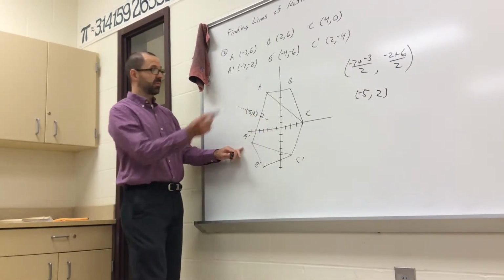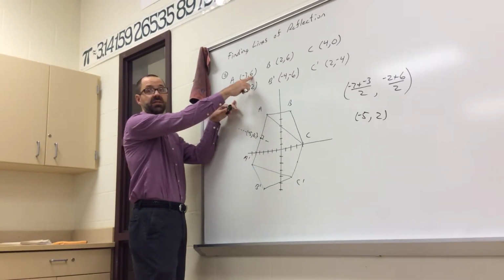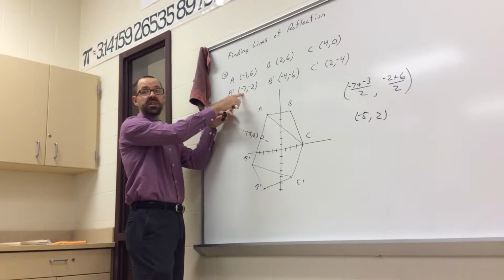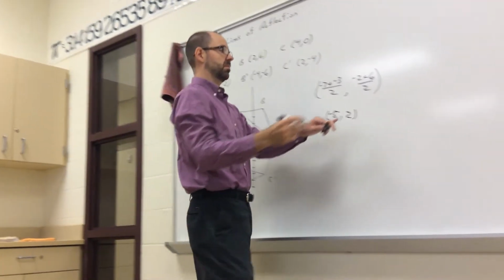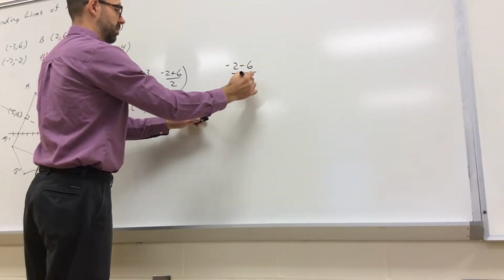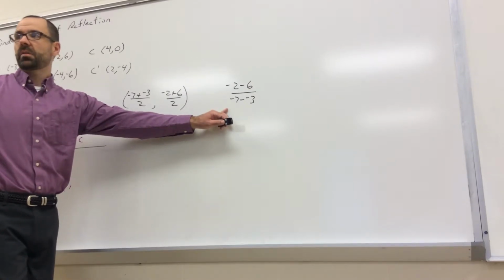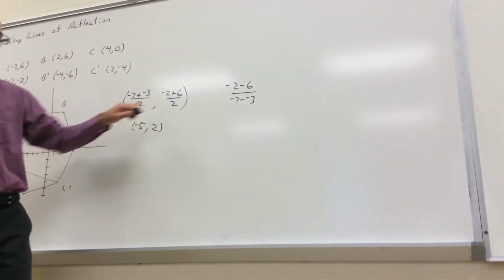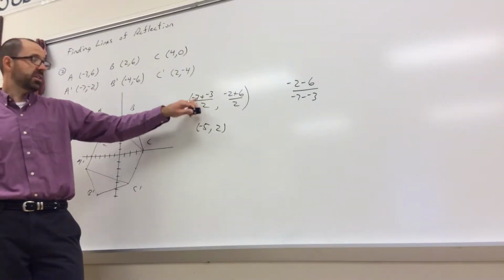Okay, so the slope from A to A prime is -2 minus 6 over -7 minus -3. So let's contrast these formulas so it can help you. With midpoint, you add.